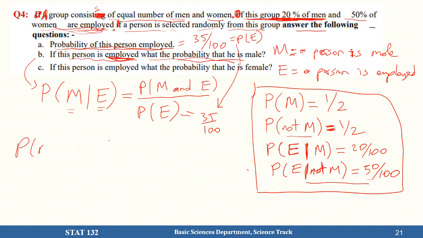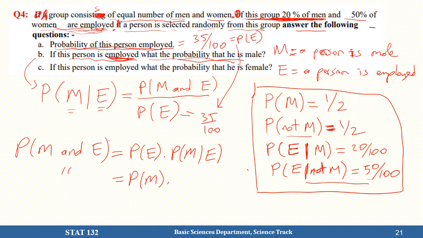Now this one here, the probability of male and employed, you can write this in two ways. One way is to write the probability of employed times the probability of male given that he's employed, or the same thing can be written as the probability of male times the probability he's employed given that he is male. So this one here is missing.